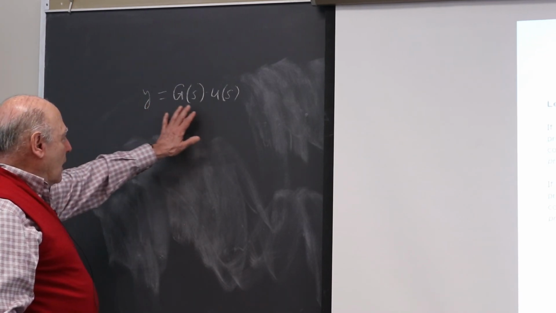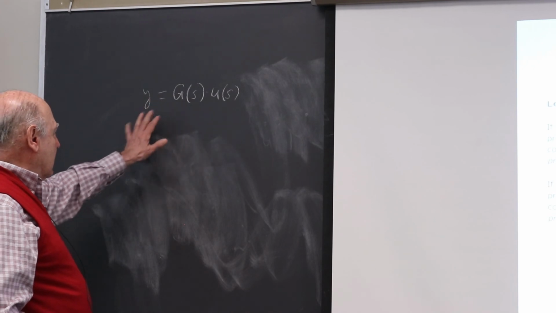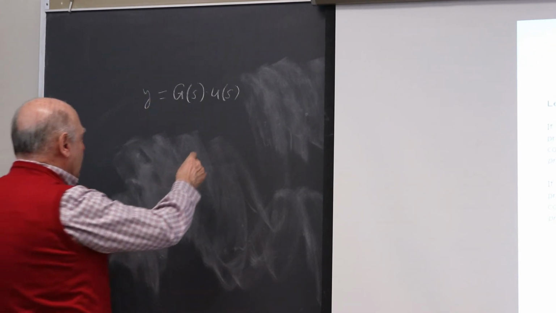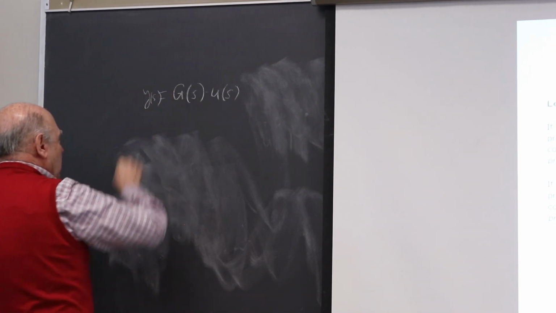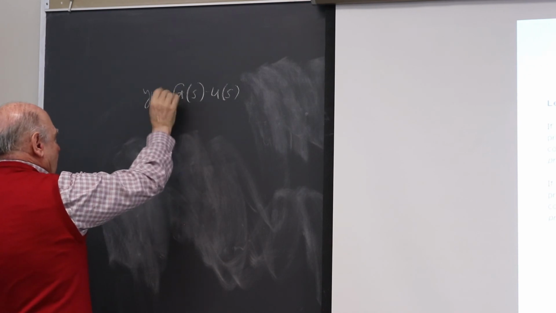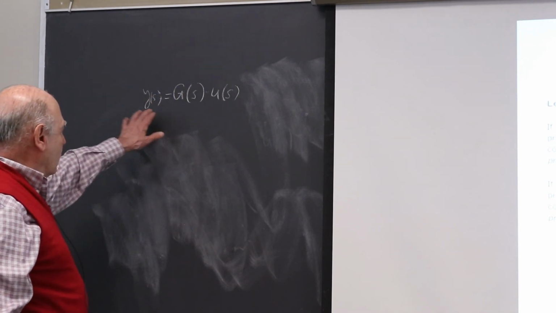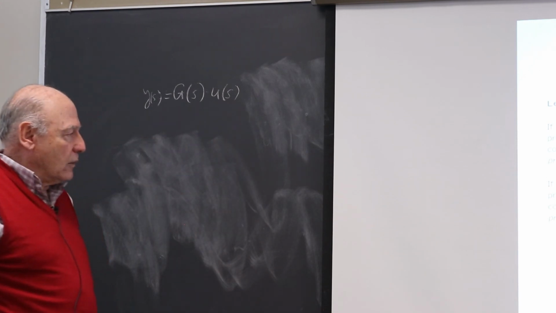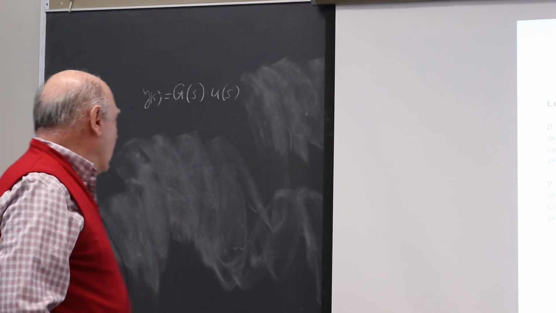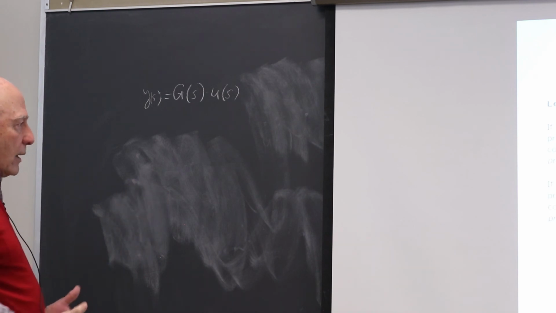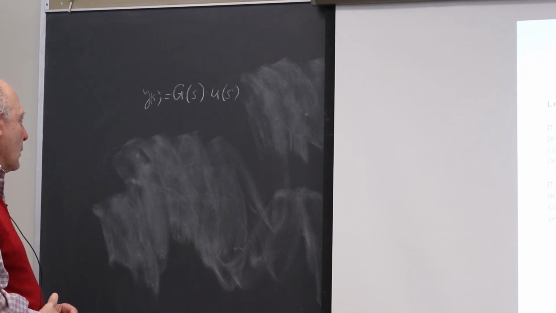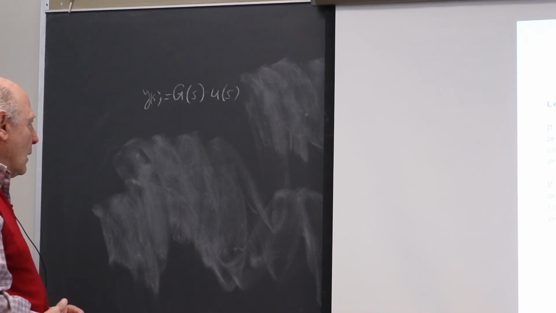So how can we establish the existence of a flat output for this multi-input, multi-output system in which Y and U have the same dimension? You have M components of the output vector and M components of the input vector. And of course G is then a square matrix of rational transfer functions.